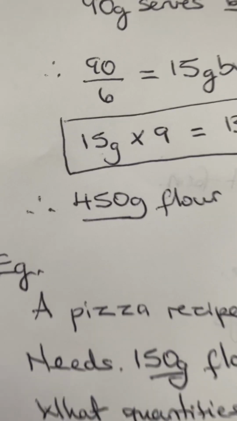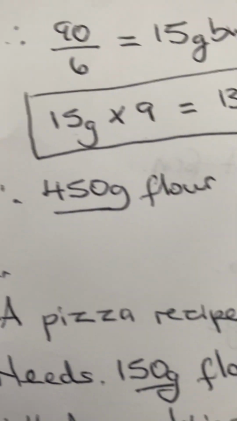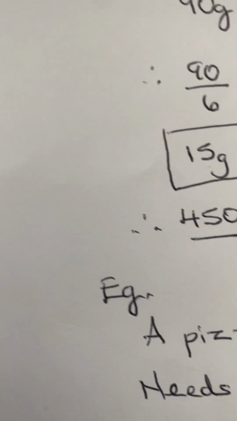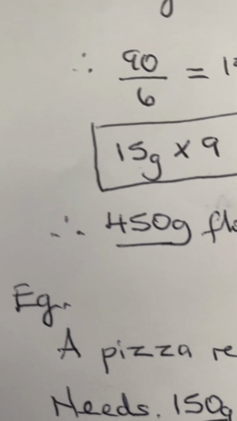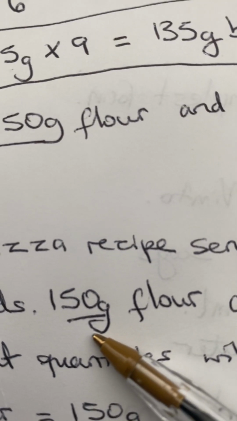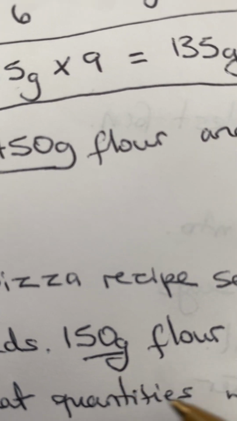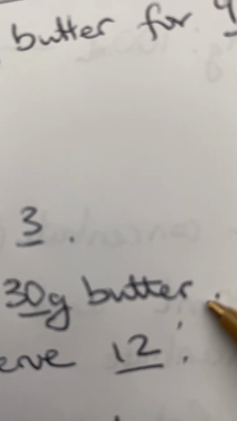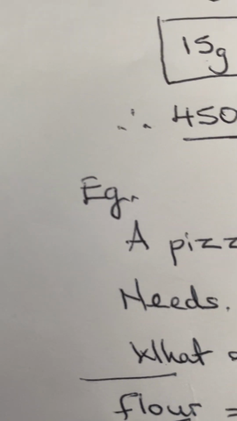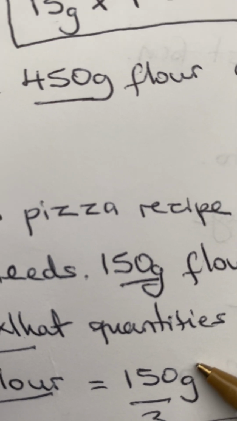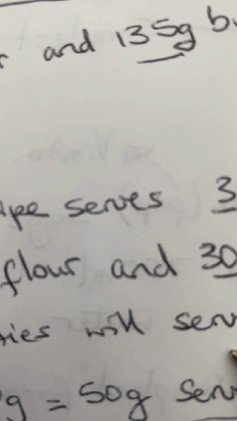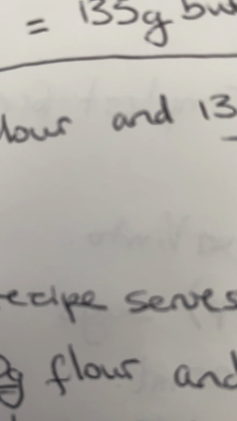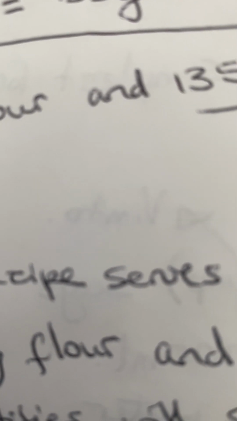A pizza recipe serves 3. So for 3 people, I need 150 grams of flour and 30 grams of butter. The question is, what quantities will serve 12? What I've been given serves 3.